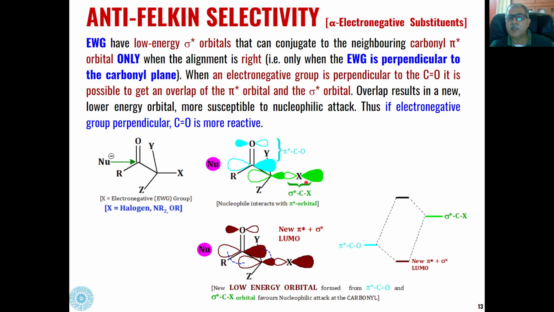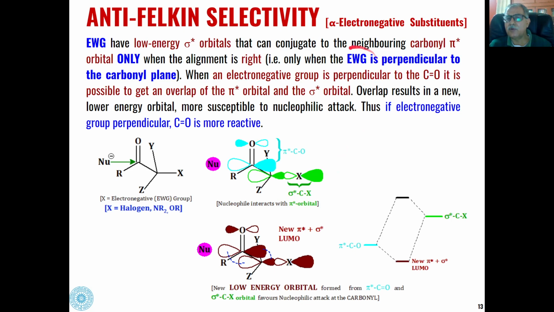These can conjugate to the neighboring carbonyl group which is present, and this carbonyl group will have pi antibonding orbitals, and if an overlap is to take place, then the alignment of this carbonyl system with this X needs to be right, and this alignment is right only when this group is perpendicular to X.